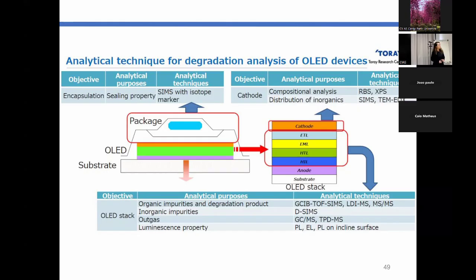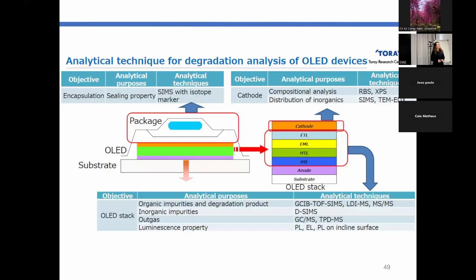So for instance, to probe organic impurities and degradation, there are these techniques, and also luminescence properties, PL, electroluminescence, or for instance, if you want to probe the encapsulation, you can use these analytical techniques to prove the sealing of the encapsulation.